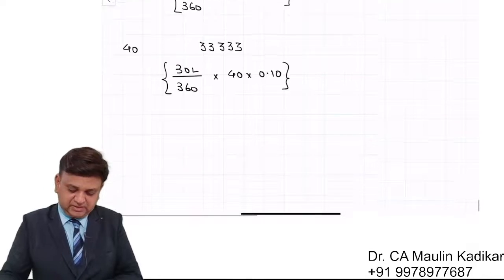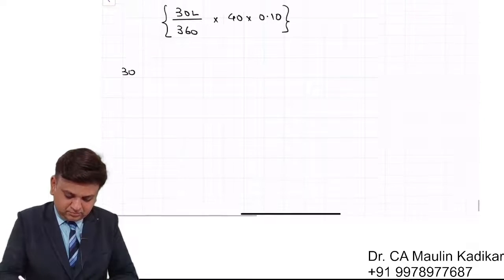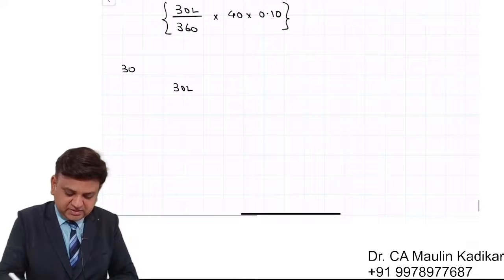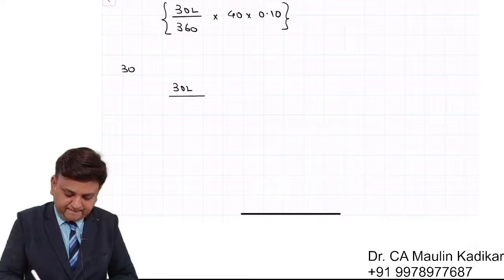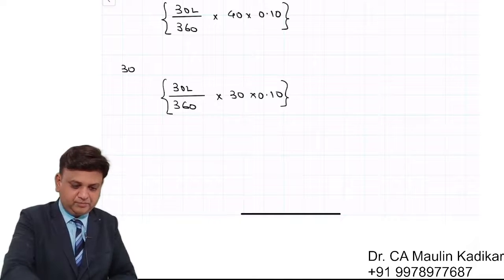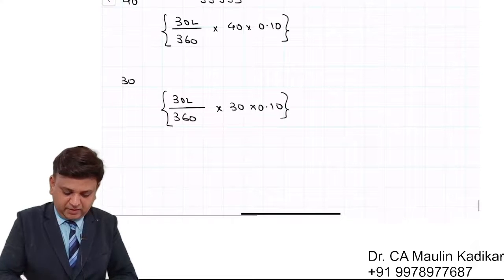Lastly, it is 30 days. In that case, it is 30 lakhs divided by 360 into 30 days into 10 percent. That comes to 25,000.